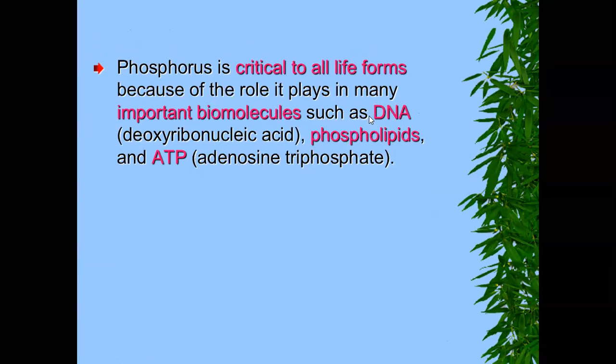These are very important compounds which play a very significant role in living organisms. Phosphorus is an essential component of all these compounds, so that's why we say that it is critical to all life forms.